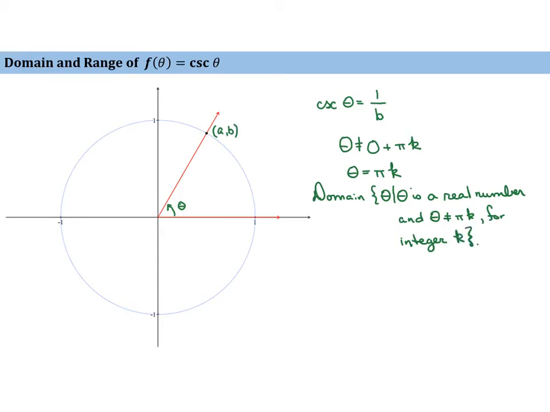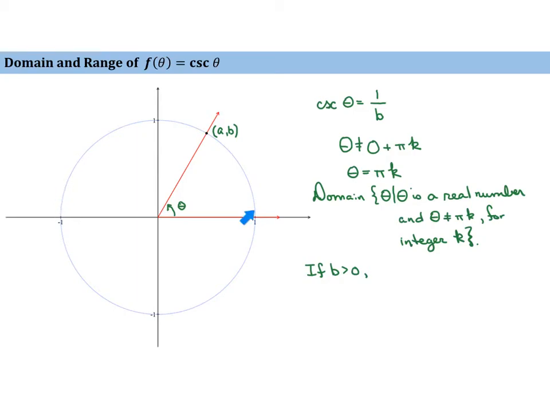What's the range then? Well, there are two possibilities. Since b isn't 0, then b could be positive. And if b is positive, that means that the y-coordinate is above the x-axis, so we are on this portion of the circle.